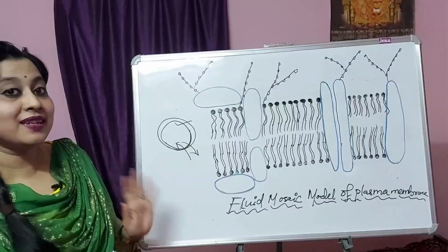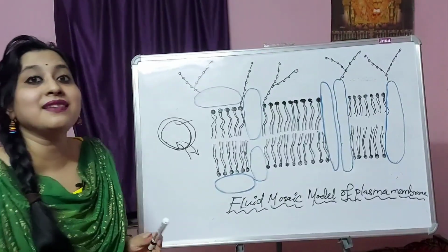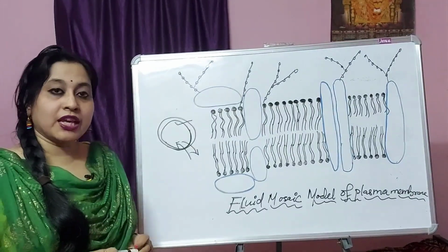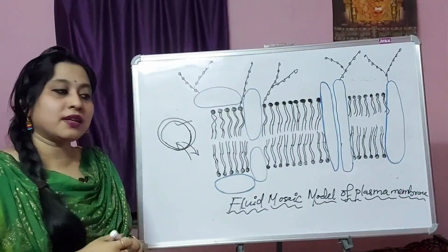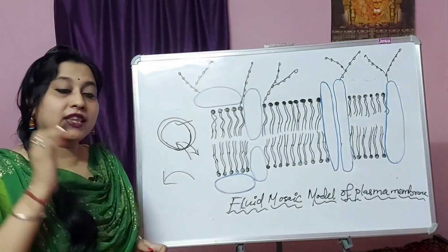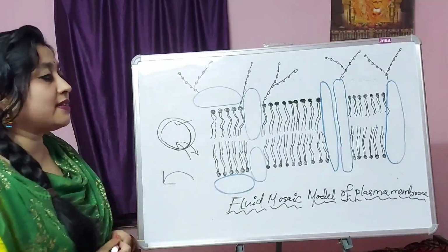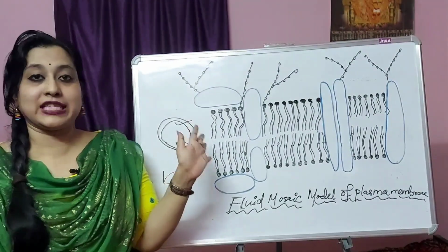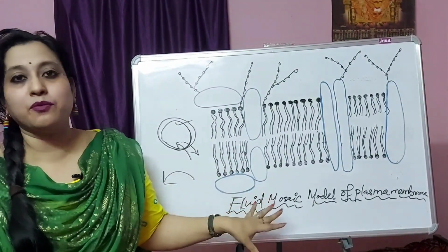It requires ATP when the transportation takes place against the concentration gradient. If it takes place along the concentration gradient, from higher concentration to lower concentration, in that case there is no use of energy. So let us discuss first what the plasma membrane is, its composition, and the most accepted model.